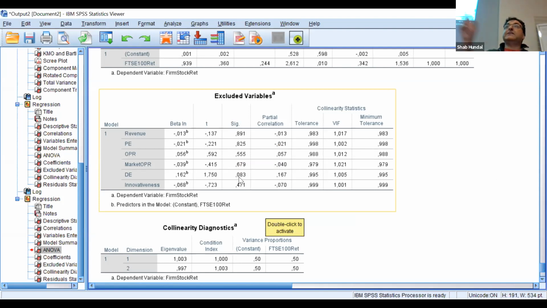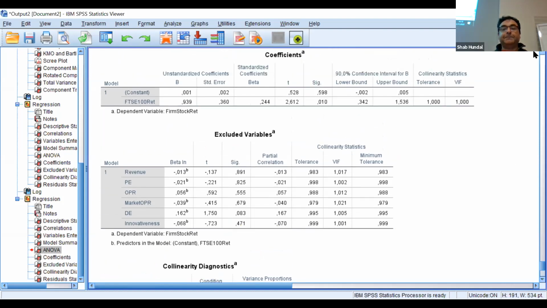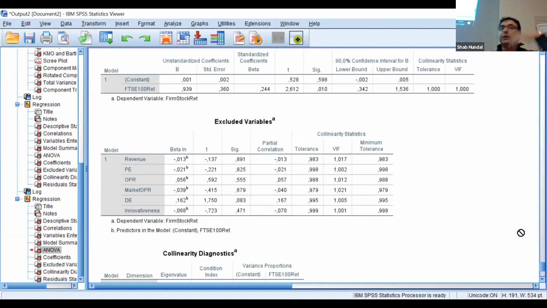So sometimes you can find a diamond in the rough. We found that even though apparently FTSE 100 is the significant variable, when we have a second look, maybe SPSS somehow missed it out. We can say that the debt to equity ratio, D to E ratio, is also a significant variable. And how do I find it?